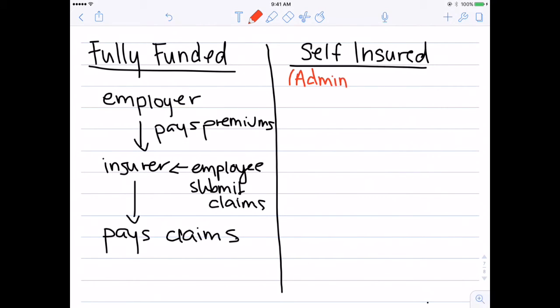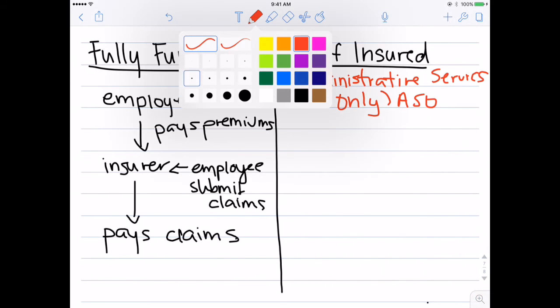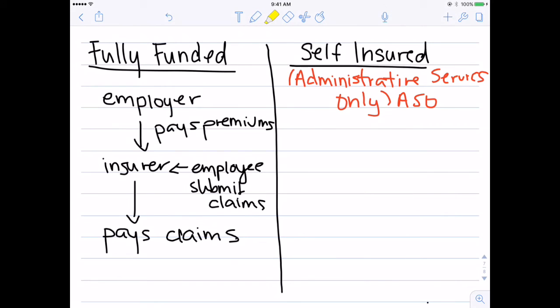These are almost always referred to, and this is what you'll most likely see on your provincial exam, for example, as administrative services only, or ASO plans. I'll show you why in a few minutes we use this terminology, but for the time being, think of self-insured or ASO really as being the same thing.